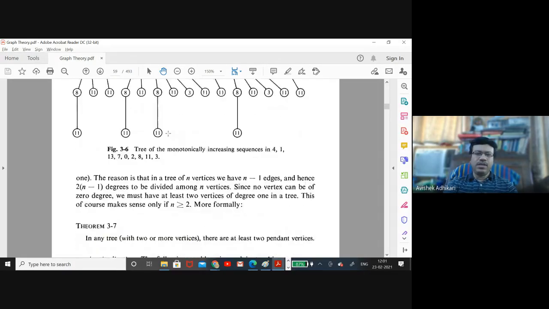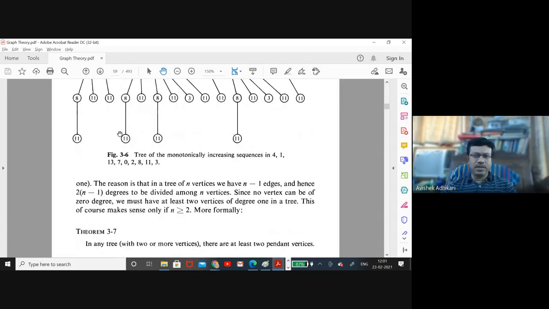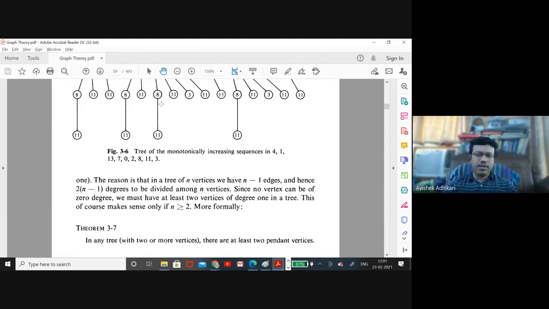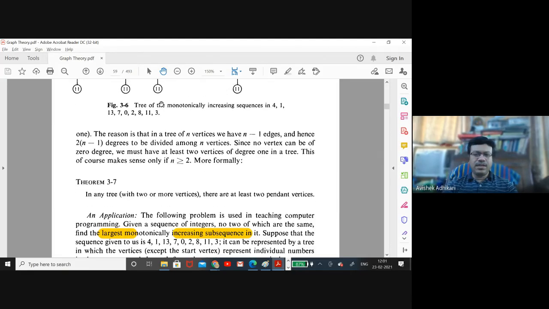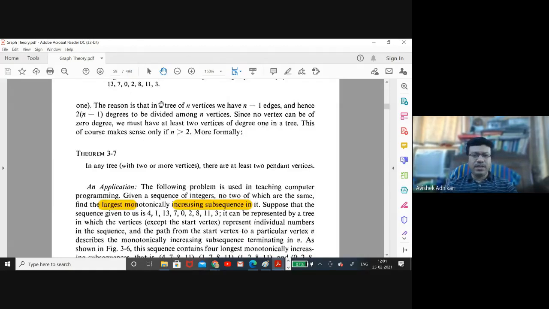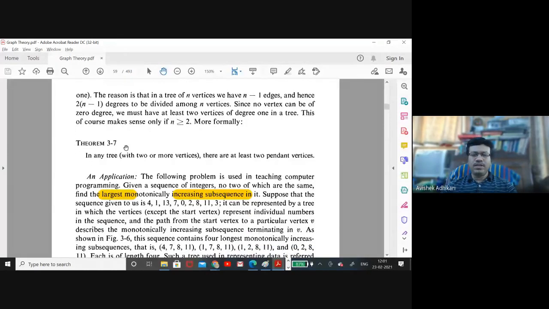That means these vertices are pendant vertices. This theorem says that in any tree with two or more vertices, there are at least two pendant vertices. That means you cannot draw a tree with only one pendant vertex. At least two pendant vertices must be there.